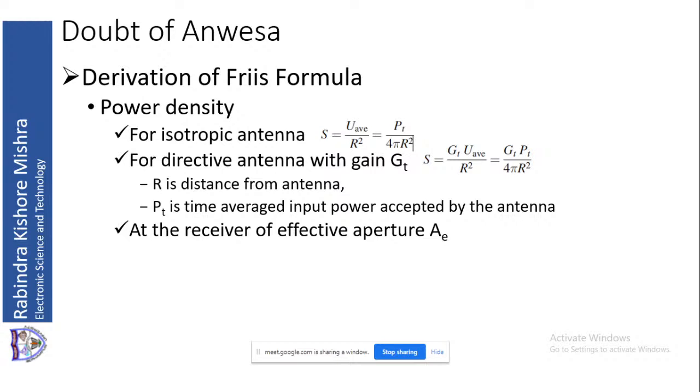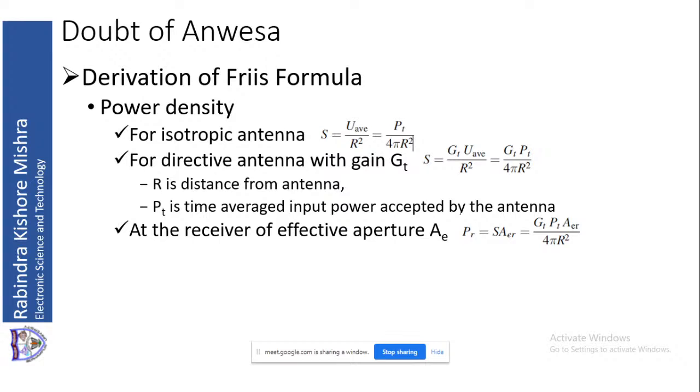So if the effective aperture of the receiving antenna is AE, then the power received at the receiving antenna will be PR. Now see the difference: earlier it was PT for the transmitting antenna, now it is PR. PR will be whatever has come from the antenna into the aperture that is receiving it, so S into AER, where AER is the effective received aperture.